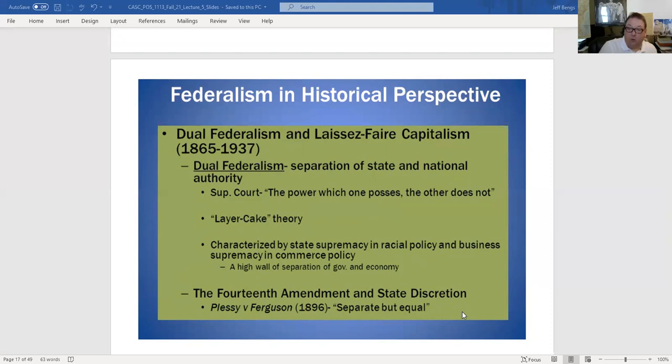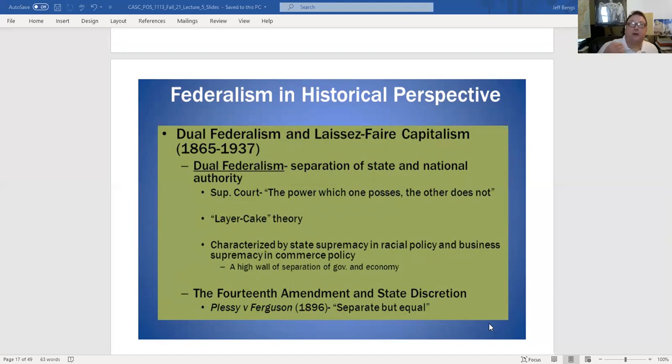And the Supreme Court upheld the state's right to have separate facilities for whites and facilities for blacks, as long as they were equal. That is, the facilities for the blacks would be equal to the facilities for the whites.